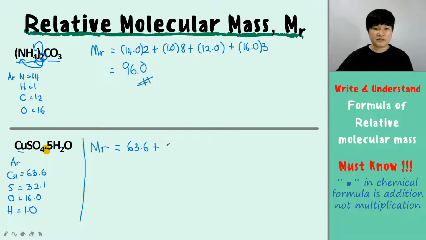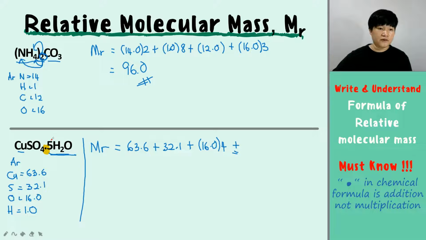So copper is 63.6 plus sulfur, 32.1, plus 4 oxygen, so it's 16 times 4. Plus 5 H2O. Why am I still using plus? Because the dot here does not represent multiplication. We don't multiply, we still add.